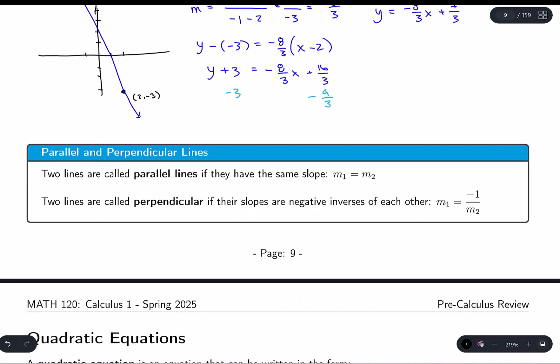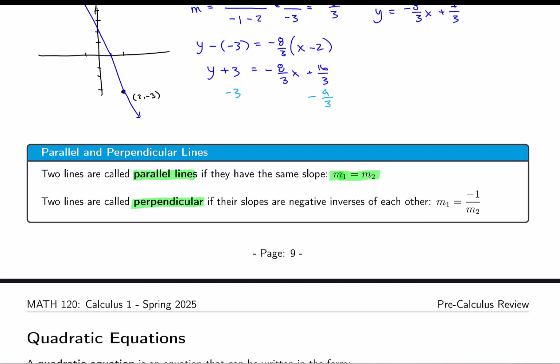All right, another concept that's often discussed with lines, which isn't always useful in calculus, but it's good to know: parallel lines and perpendicular lines. Parallel lines have the same direction. Slope measures the direction of the line, so what that would mean is you have two lines that have the same slope. Perpendicular lines, it's actually a little bit more difficult to show.